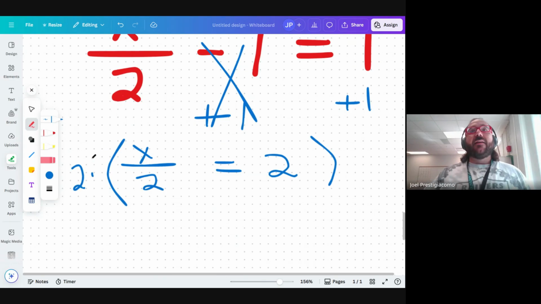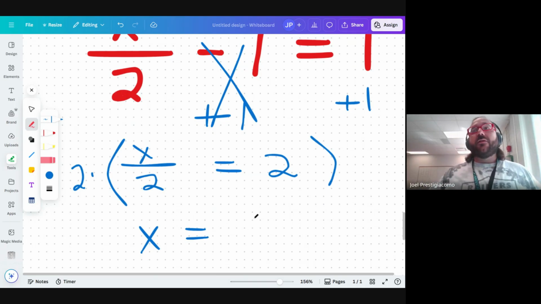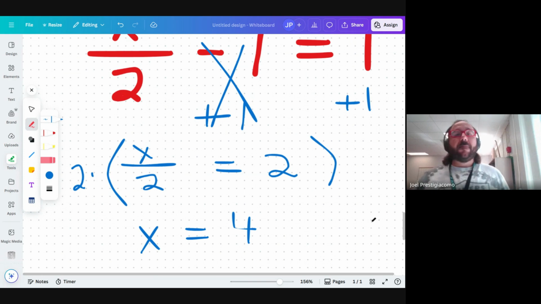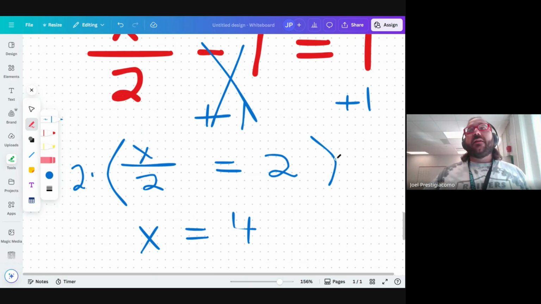On the left side, 2 times x over 2 just makes x, right? That's by design, right? If I just undo whatever's happening to it, I'll just end up with x. And then we have 2 times 2, which makes 4, okay? All right, so just like the other problem, right? Deal with addition, subtraction first, then deal with any multiplier or divisor next.